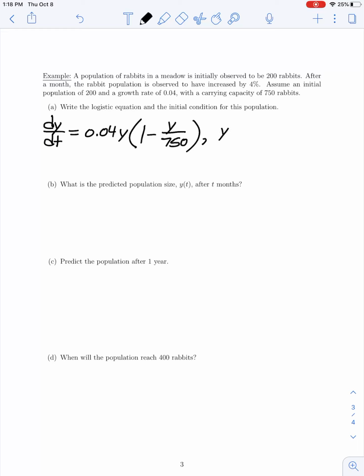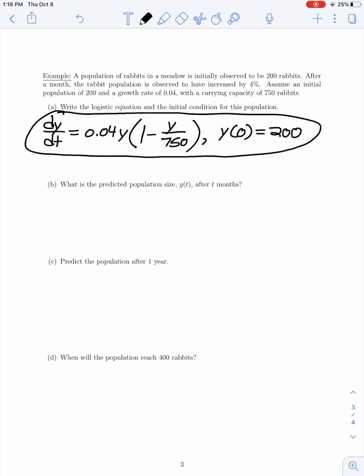Now we also have an initial condition, y of 0, that is the initial population, is equal to 200. So this would be the logistic equation together with the initial condition for this rabbit population.